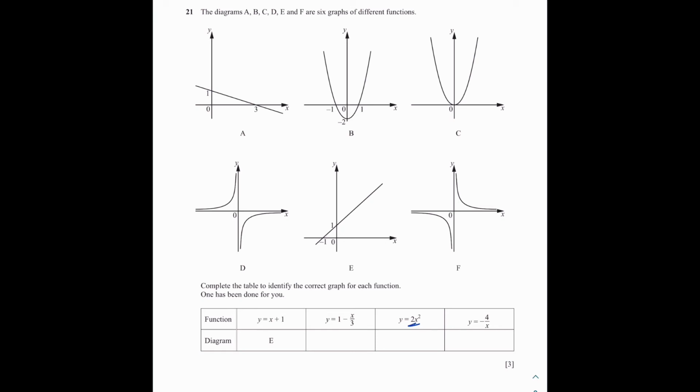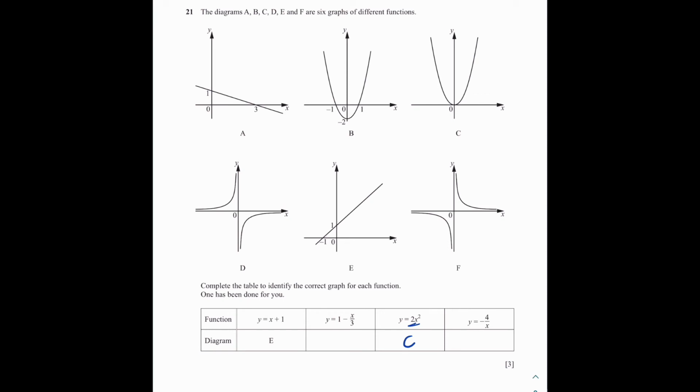It will always be positive because the square of any number, negative or positive, is going to be positive. So B can't be the correct graph. So it has to be C. The answer for this is C.